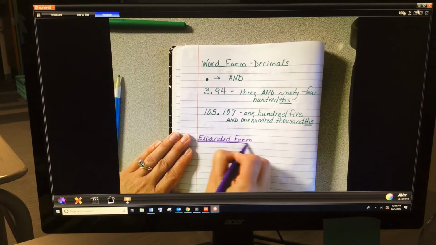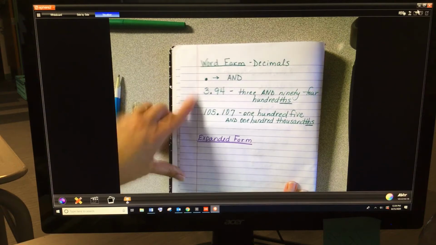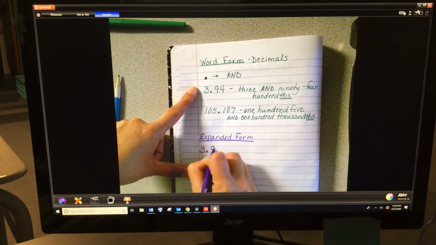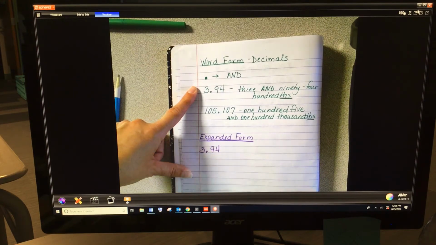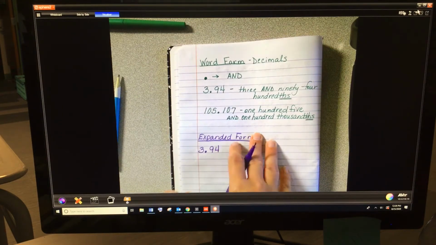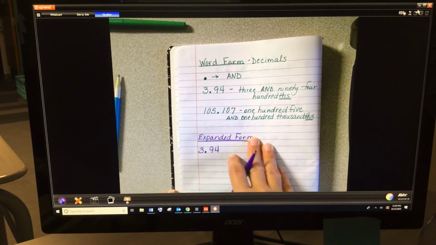Okay, now I'm going to take the same number we used at the top, 3 and 94 hundredths. Okay, now we need to write it with decimals.